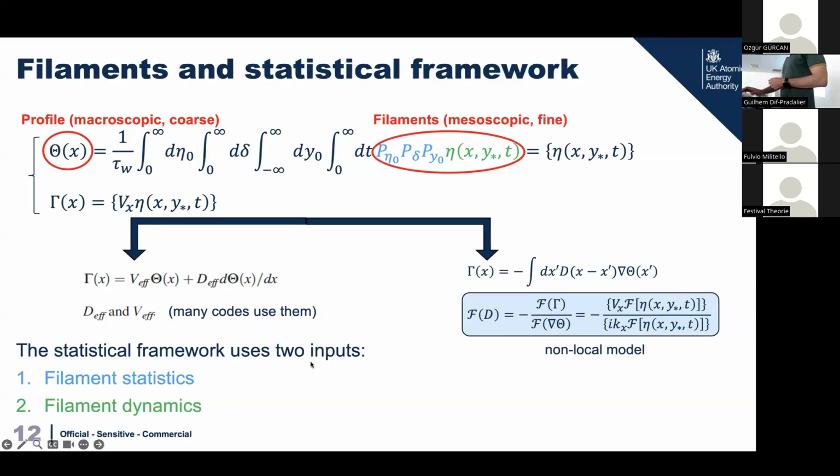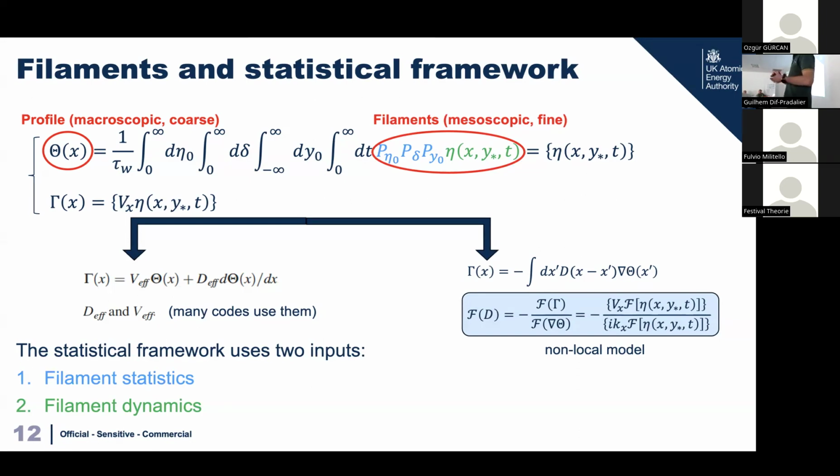The inputs of all these are the filament statistics, and that is something that I have to get from somewhere. It could be a very smart theoretician that tells me how the turbulence behaves in the core, because this turbulence is imported from the core. It could be because I just observe it, I measure it in experiments, and we've done that. We have measured these PDFs.